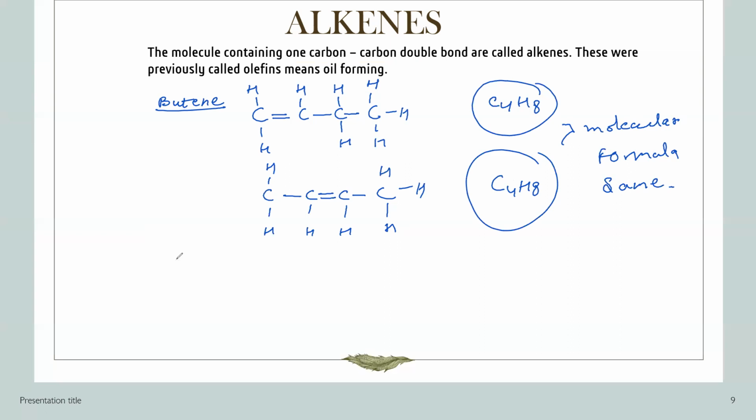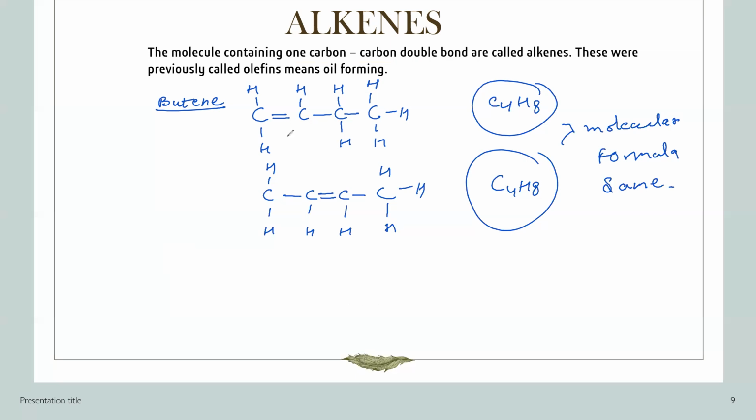So basically, in the higher alkenes, we need to assign the position of the double bond. The double bonds are named accordingly, like the double bond is present on the first carbon or on the second carbon. We need to assign that.